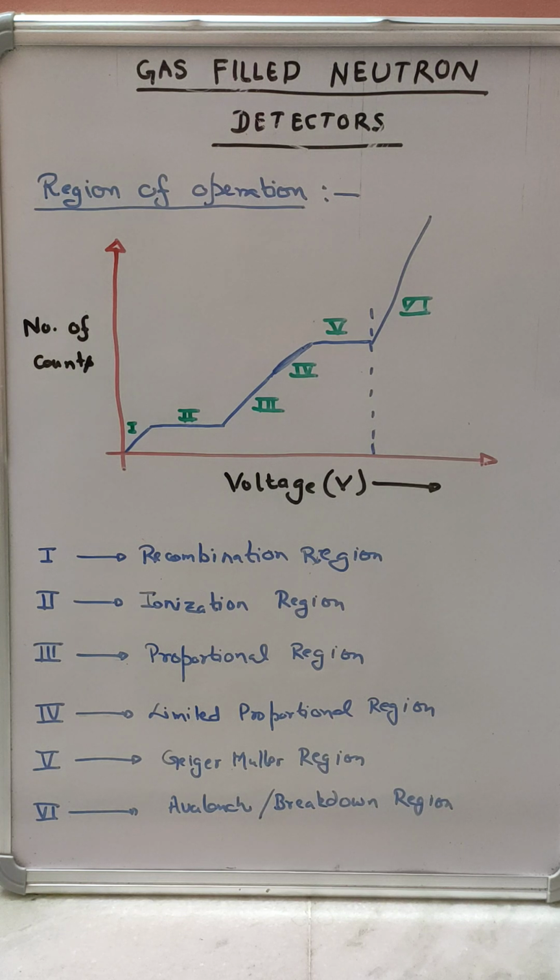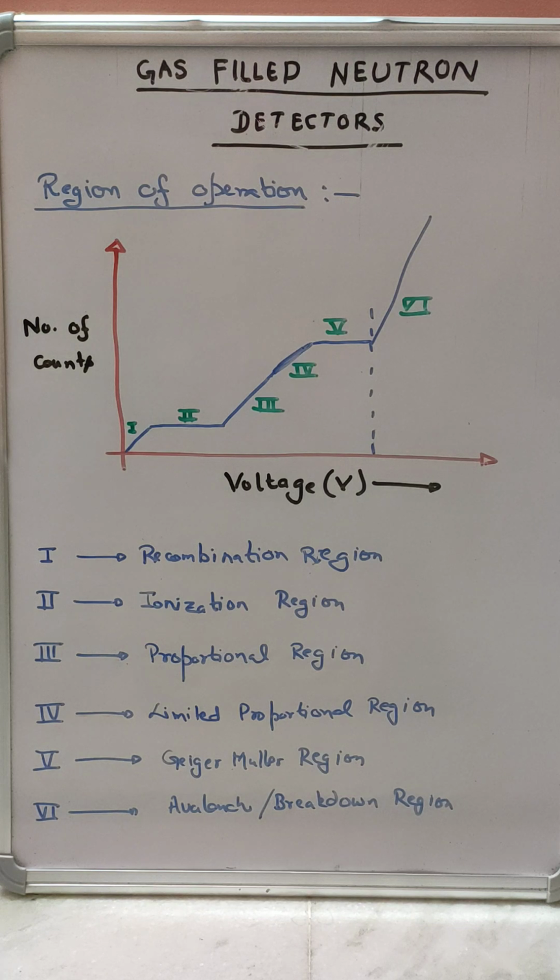But if the voltage between anode and cathode is not sufficient, then some of the primary ion pairs produced will recombine. That is what happens in region number 1. Hence we are not able to collect all the charged particles produced by the primary ionization, so this region is called the recombination region.